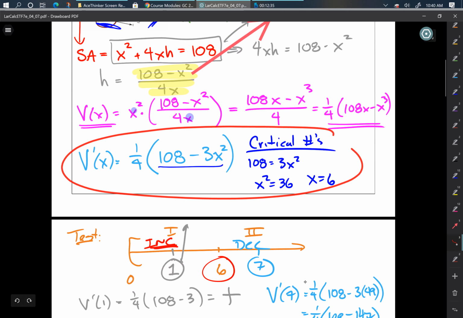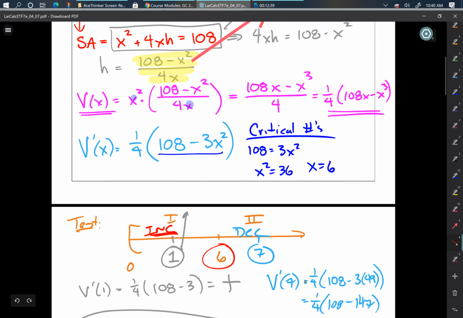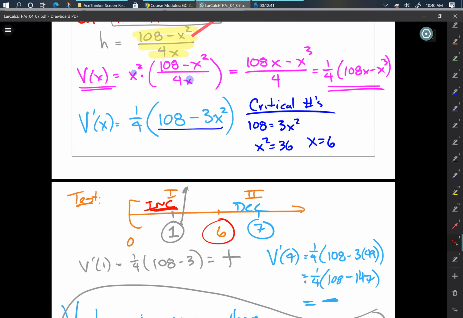I find derivatives, I find critical numbers, I test intervals, but I make sure that I only test intervals that make sense. Okay? There are some optimization problems where negative numbers will make sense. There are some optimization problems where negative numbers won't make sense. There'll be some problems where there will be a fixed lower limit. There will be other problems where there will be a fixed upper limit, okay?